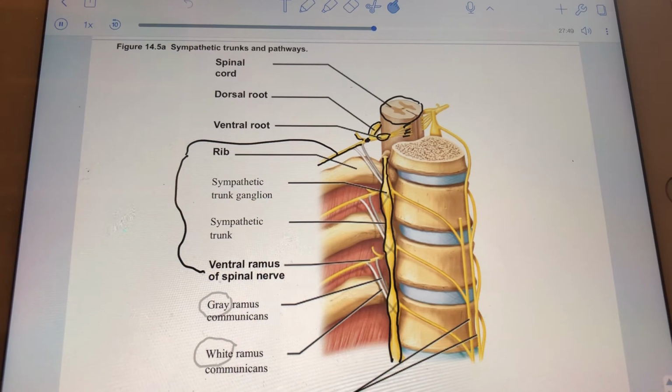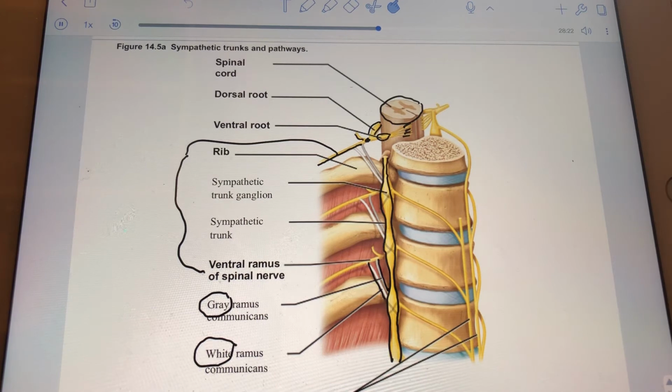Featuring at very regular intervals sympathetic trunk ganglia, okay, and then here are the rami communicantes, okay, and now we're finally seeing, one of these is gray matter and one of these is white matter, meaning, in other words, there's a gray ramus communicans, that's singular, and there's a white ramus communicans, okay?